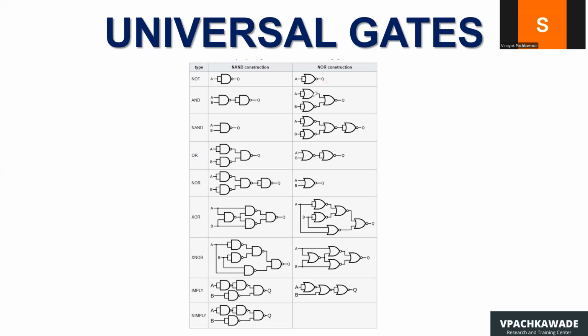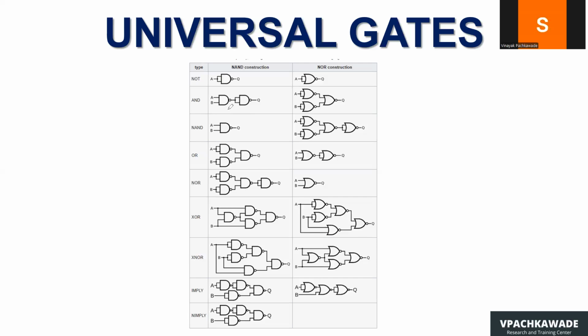So this is how you can create a NOT gate using a NOR gate. We now understand we could create a NOT gate or an inverter using either NAND or NOR. How about we want to make an AND gate using only NAND or using only NOR?